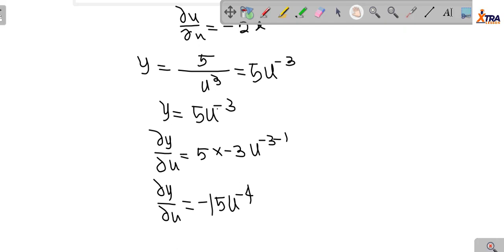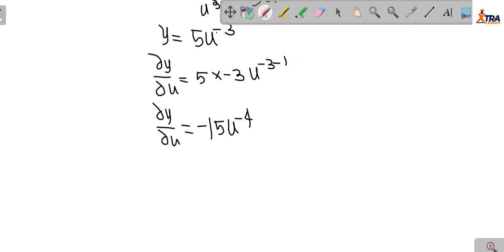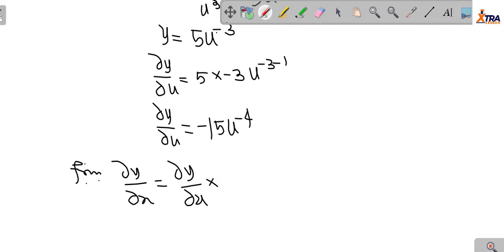So from functions of functions, we use the chain rule. dy over dx equals dy over du times du over dx.